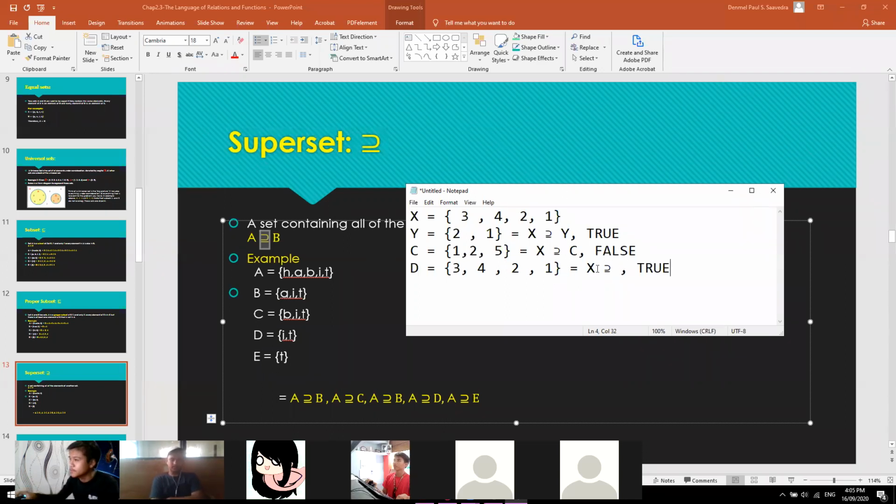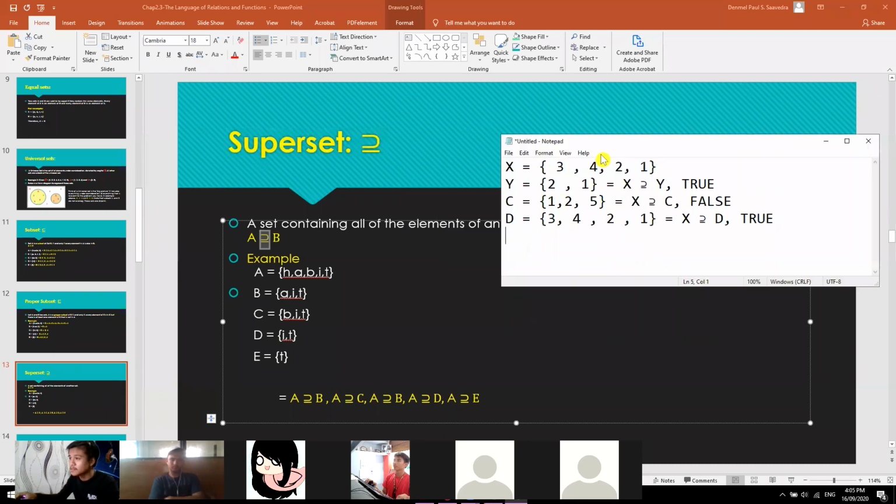So this one is true since lahat ng element ng subset natin, subset D, can be found on your superset X. At the same time, you can say that X is a subset of D. Pero hindi mo matatawag na proper subset to kasi kumpleto silang dalawa.